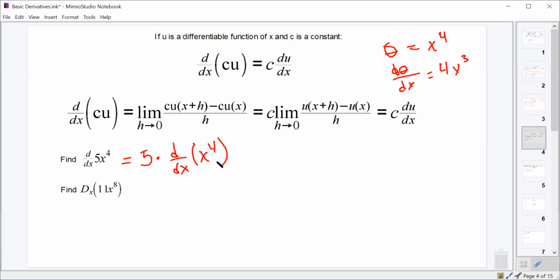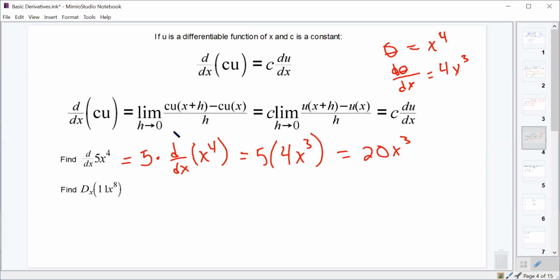That's exactly what we've got here: the constant times the function, so we pull the constant outside. Now we'll find the derivative. The derivative of x to the 4th is 4x cubed, multiplied by the 5, and you end up with your final result of 20x cubed.